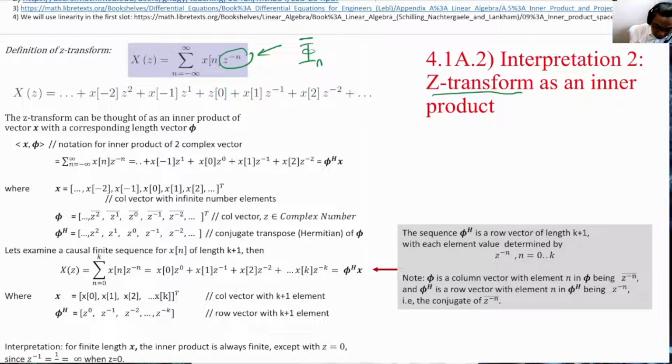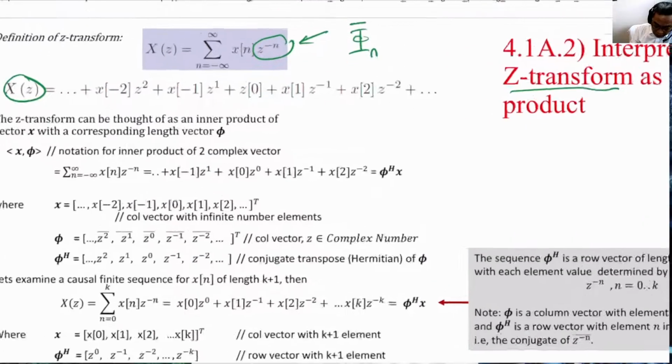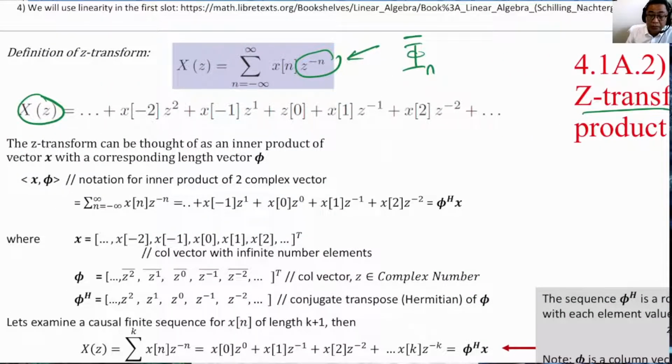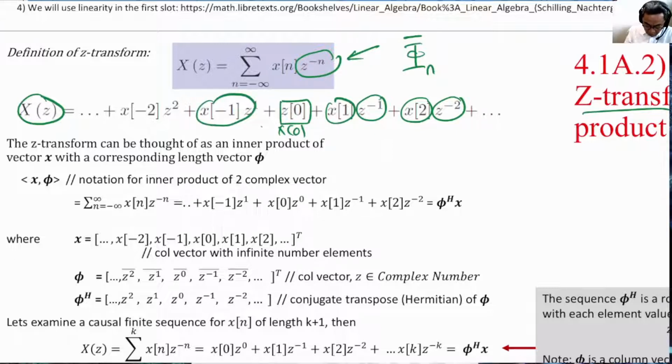Alright, let's expand X of z in terms of the Z-transform equation. So this is z to the power of 0 multiplied by x0. This is x1 multiplied by z to the minus 1, x2 multiplied by z to the minus 2, x minus 1 multiplied by z to the plus 1. So this is a bilateral Z-transform.